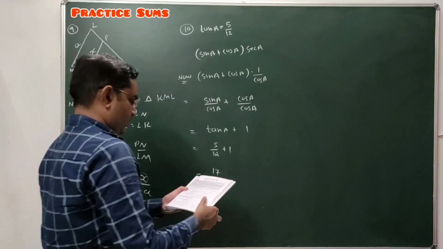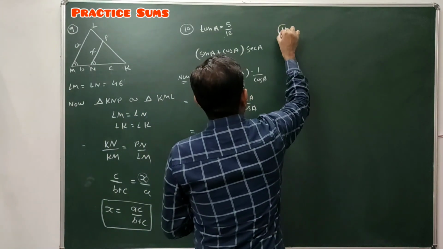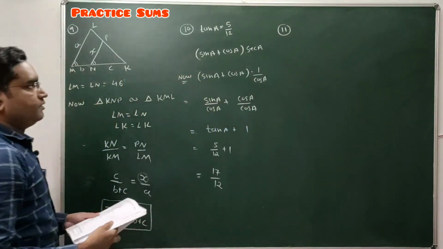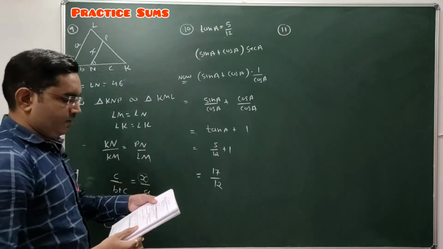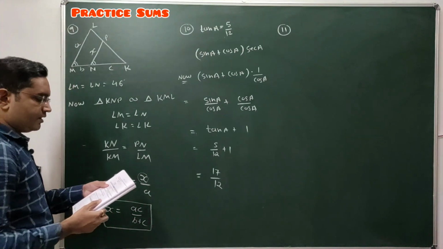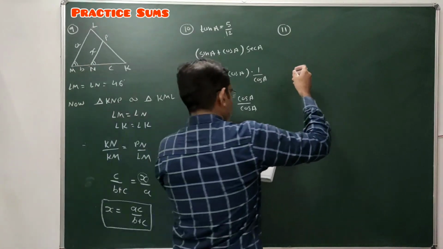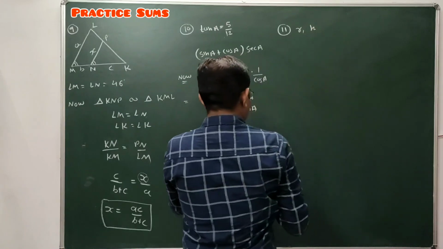So now next question, question number 11. Here in question number 11 we are given that a cylinder and a cone are of same base radius and of same height. For the cone and cylinder, radius of base and height both are equal.